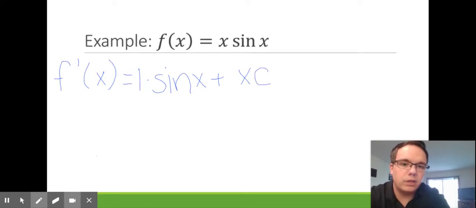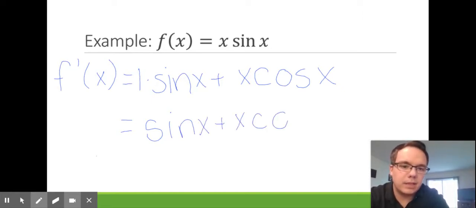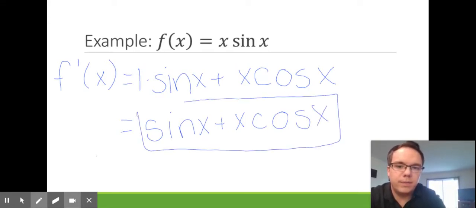So the derivative of sine is cosine. If we simplify our answer, we get sine of x plus x times the cosine of x. And so that is our derivative.